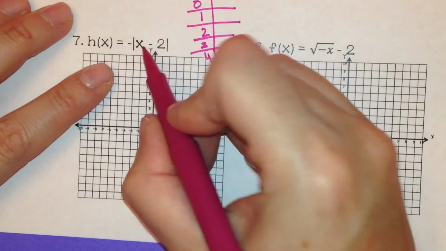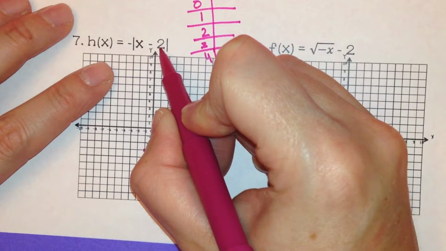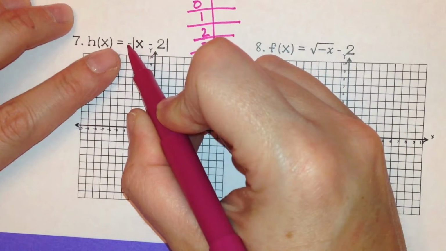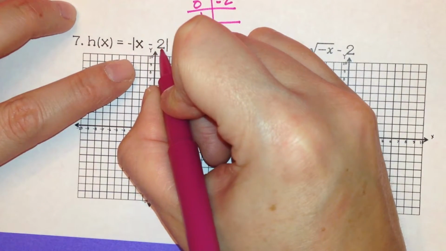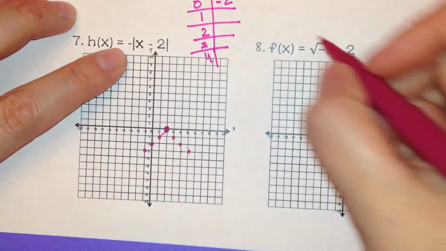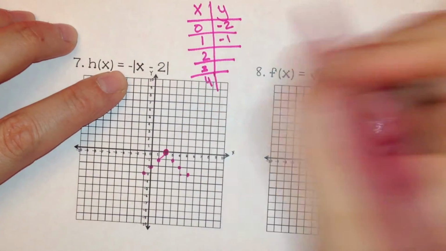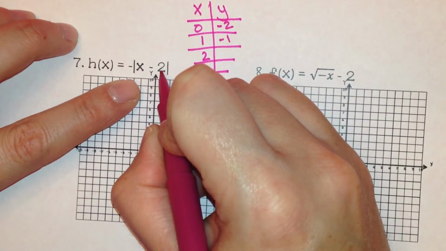So plug in 0. 0 minus 2 is negative 2. Absolute value of negative 2 is 2. And then the negative outside makes it negative 2 again. Plug in 1. 1 minus 2, negative 1. Absolute value of negative 1 is 1. Make it negative. So it's negative 1. Plug in 2. 2 minus 2 is 0.